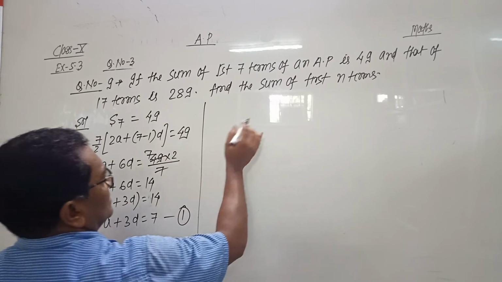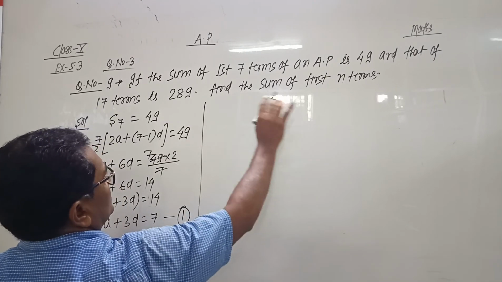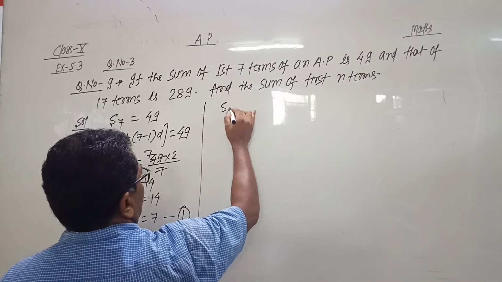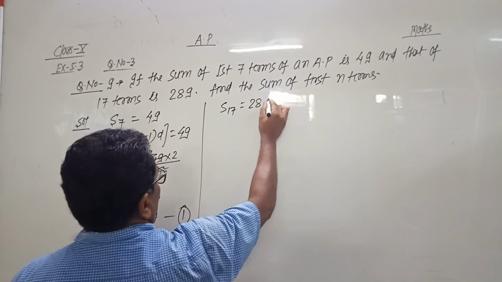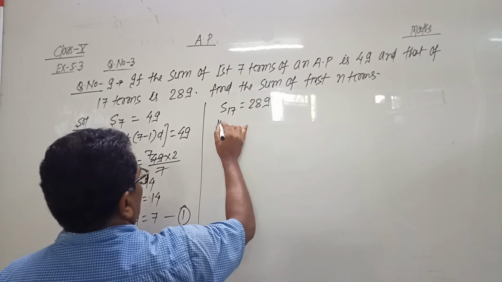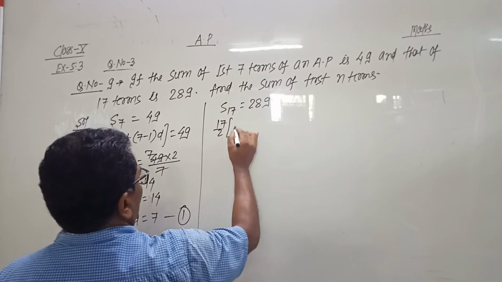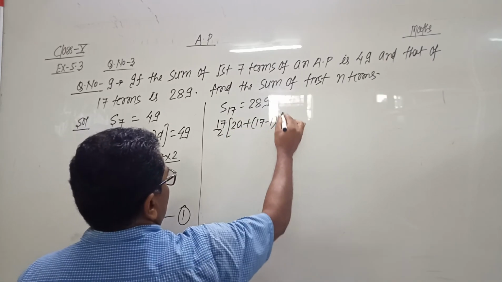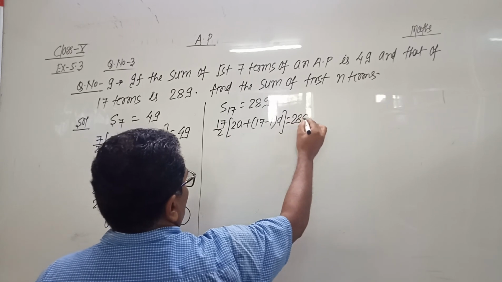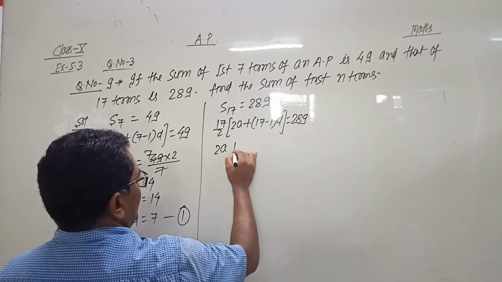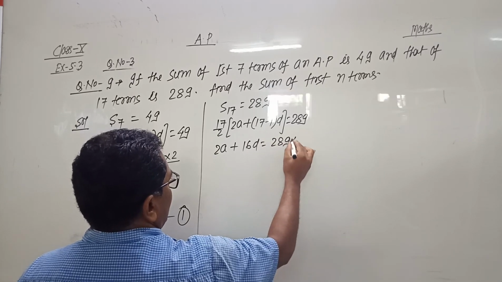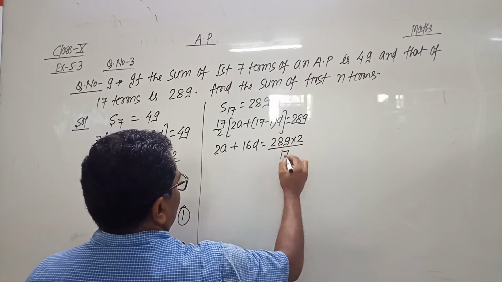Now we have given that S17 equals 289. So 17 by 2, 2a plus 17 minus 1 into d equals 289, and 2a plus 16d equals 289 into 2 by 17.